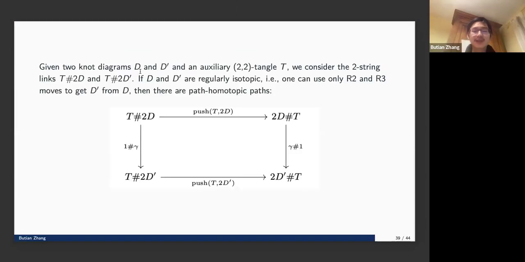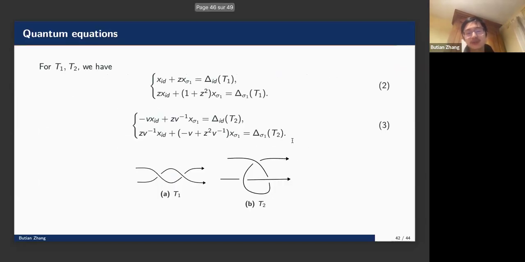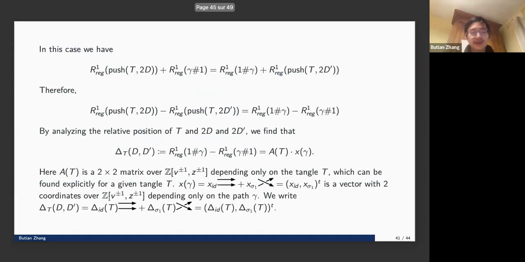If we have two knot diagrams, D and D prime, with the same Whitney index and the same writhe, and if they are isotopic, then they are regularly isotopic. If we suppose that they are regularly isotopic, then we will have this contractible loop. Then we will have these quantum equations. And these quantum equations should have a solution in this ring.